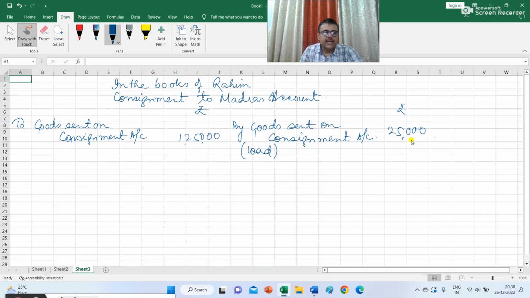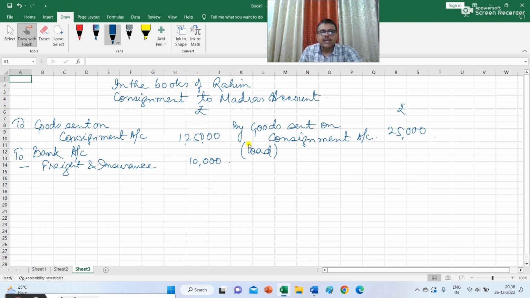Now it is given that Rahim incurred rupees 10,000 towards freight and insurance. So I have to write on the debit side to bank account, and this is for freight and insurance, rupees 10,000.